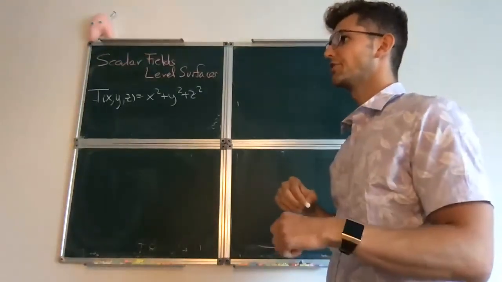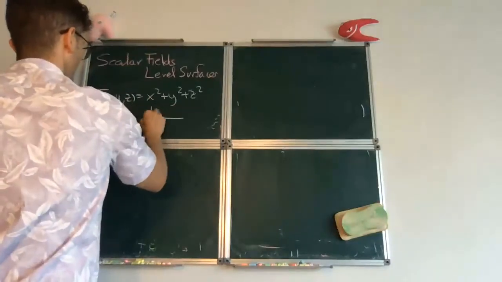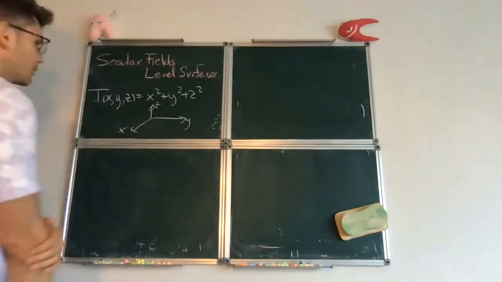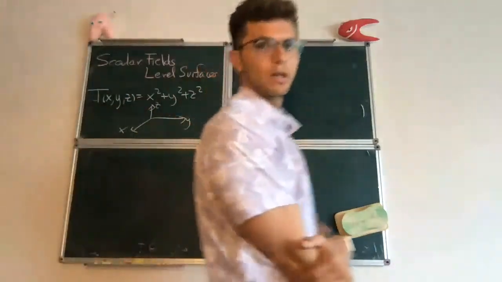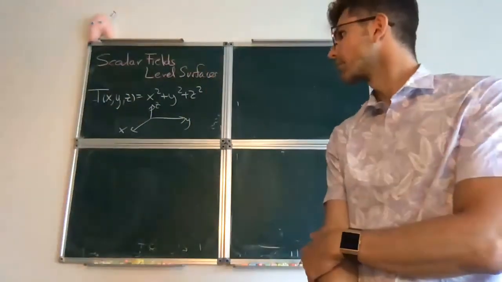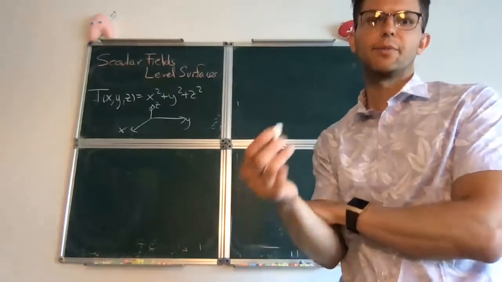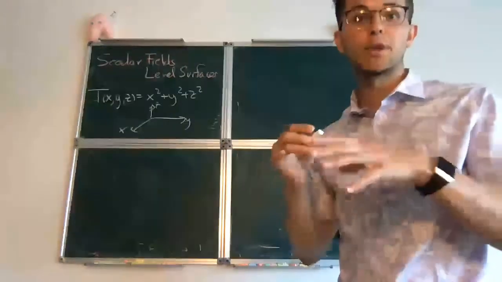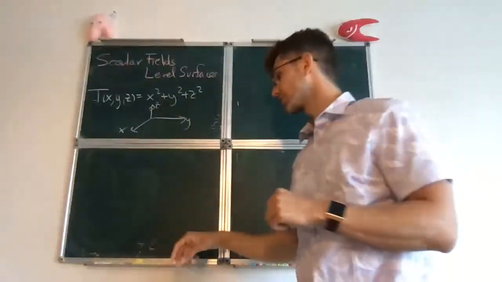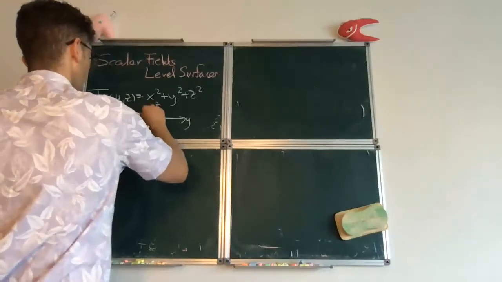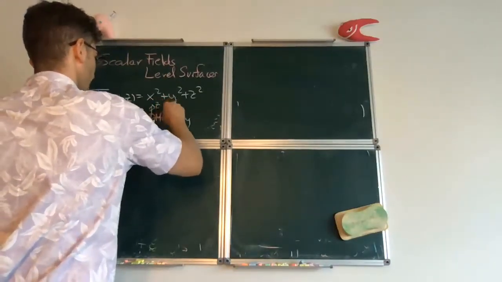Now, the issue that we do have in this situation is that if you were trying to represent this function, then the x, y, and z axes have to be used, all of them, for the domain, right? Because now the function depends on three variables. So all of these represent the domain of the function.